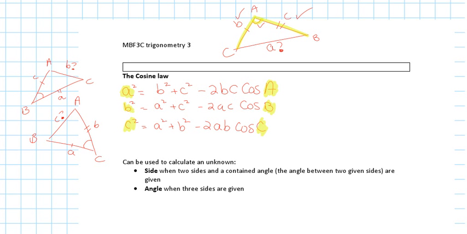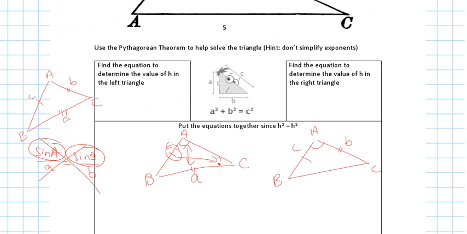Now what if I know the three sides? Because we looked at this here and we said if I know all three sides, how do I solve? Right? That's another scenario that I can't use the sine law for. So here it is.